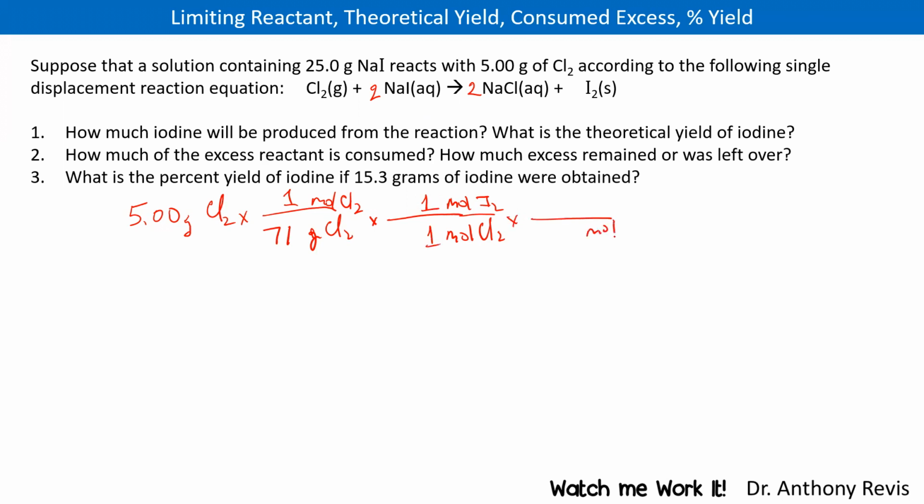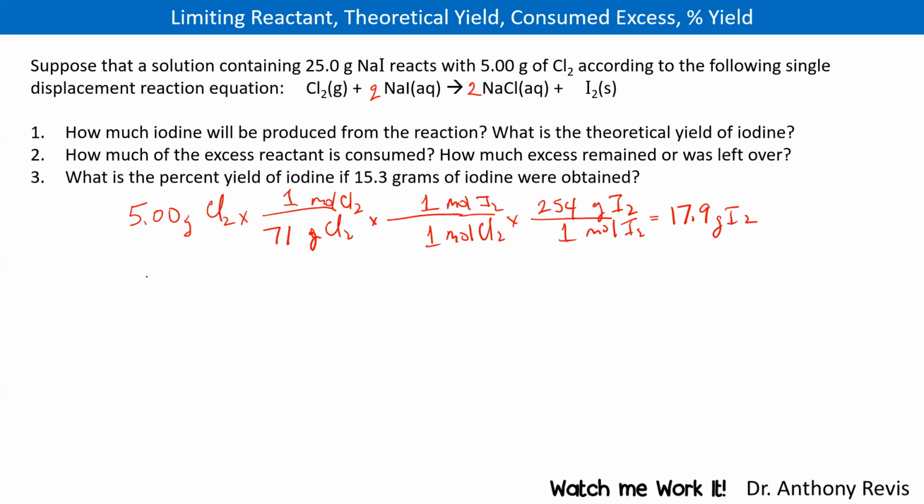We have moles of I2 to grams of I2. If I look up the molar mass of I2, it's twice the atomic value, which I'm putting here; again, I'm just omitting the decimals for speed. And that gives us 17.9 grams of I2.